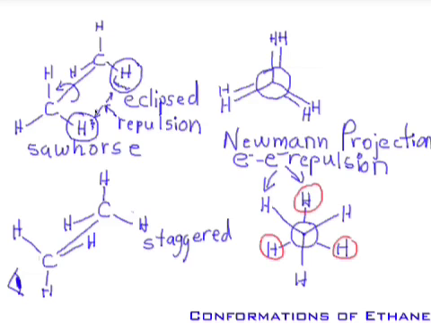Okay, so let's redraw these if we can. So I'm going to draw them once again. I'm going to draw my eclipsed. So we got H, H. And I'm going to draw a staggered conformation here.